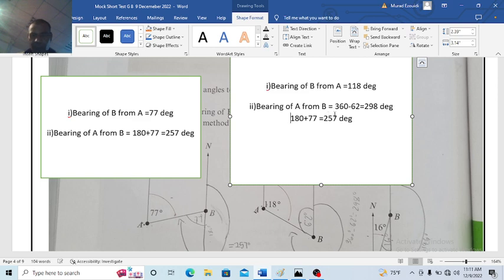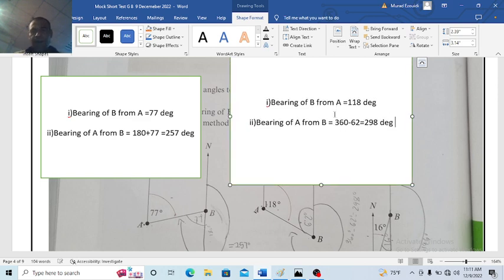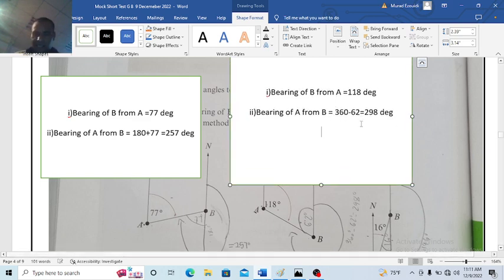Of course, don't forget about the units. Because you can write angle sum around a point is 360 degree.